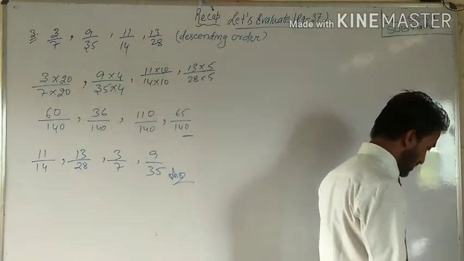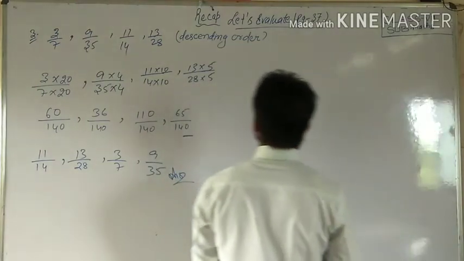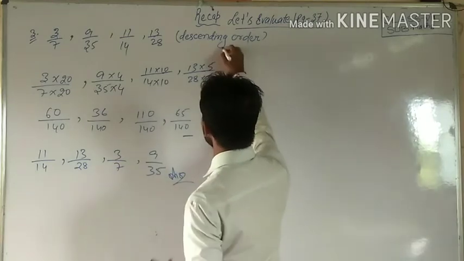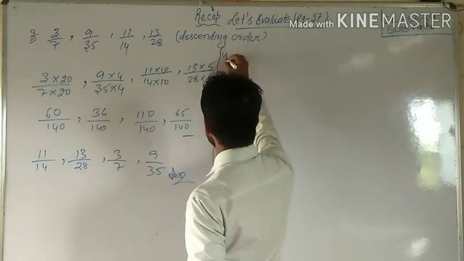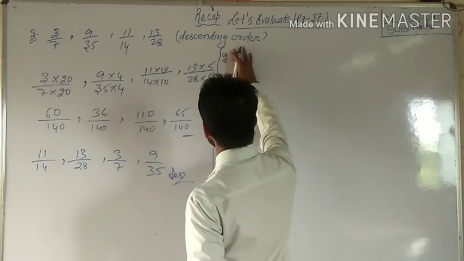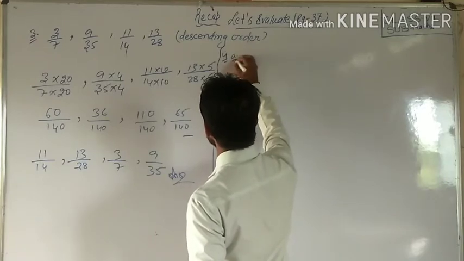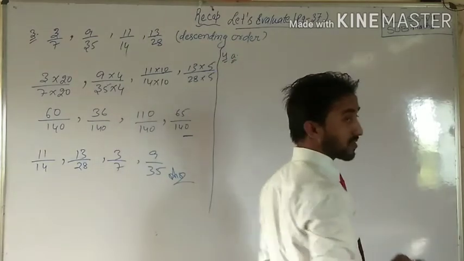So students, see question number 4. I am discussing question number 4a. Question number 4 is called simplify, the same way as we did in question number 1.